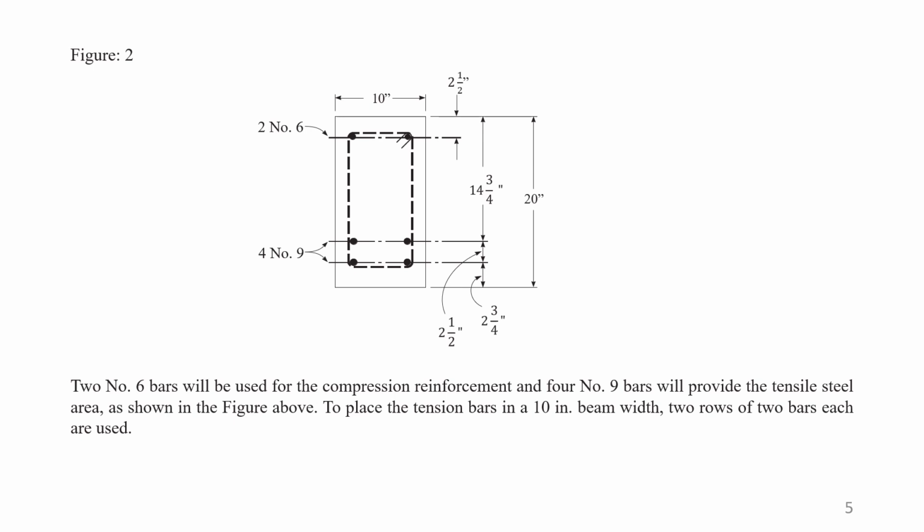Number 9 bar has 1 square inch area, and the required area of the bottom bar is 3.49. Here also we will not be able to find the exact amount by a combination of several sizes of bars. That's why we will use a single size of bar, number 9 bar, which will give you 4 square inches.